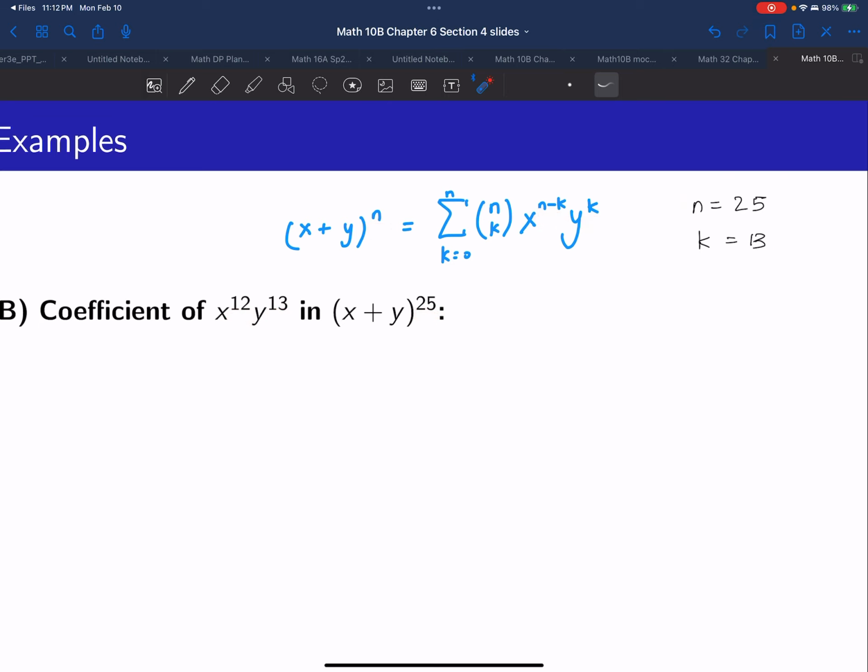We're good to go. So the coefficient is going to be 25 choose 13, and then we could simplify this, but it's 25 factorial over 13 factorial times 12 factorial.